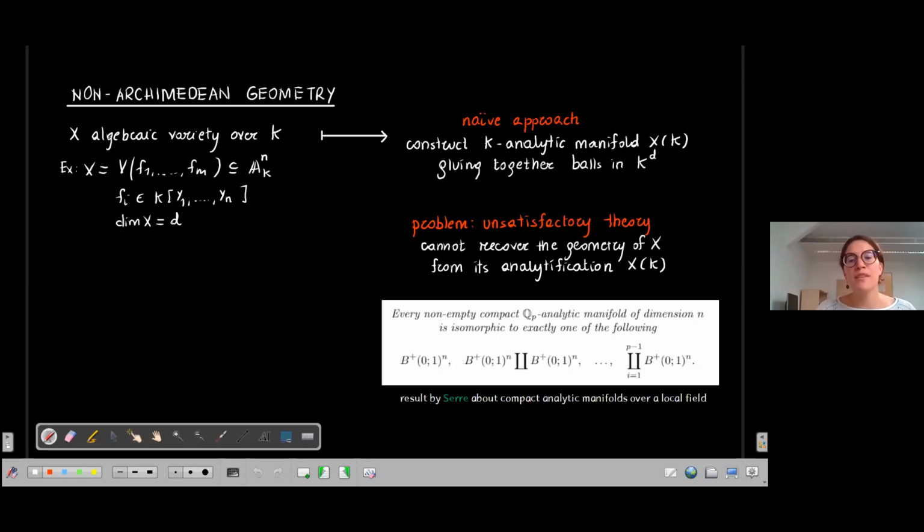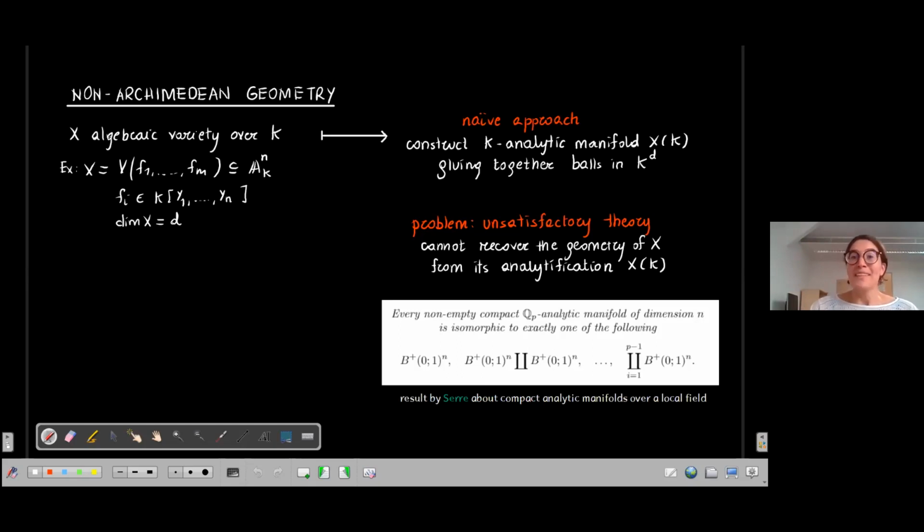And what he proved is that if we consider compact Q_p-analytic manifolds of a certain dimension, then we can only have a finite number of isomorphism classes. And these will be just disjoint unions of balls to the power n. So it means that we are completely disjoint, and that we just have a finite number of isomorphism classes for all the compact Q_p-analytic manifolds.